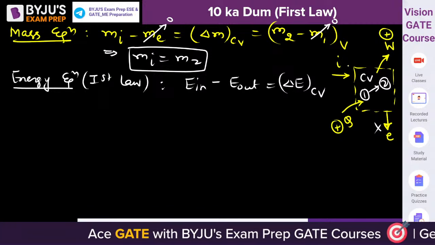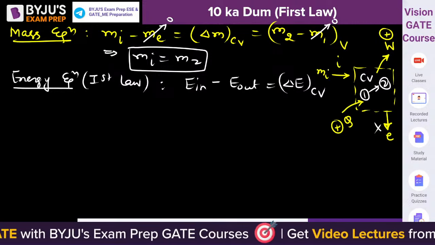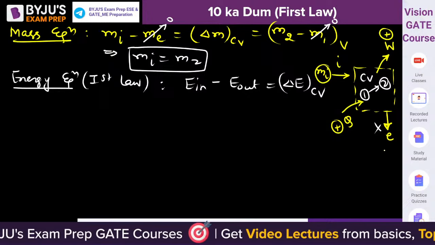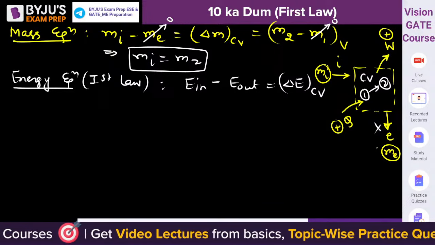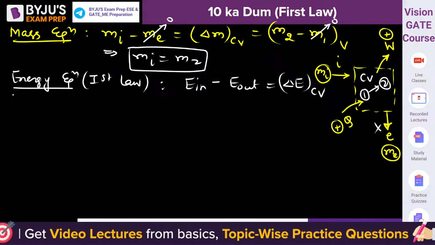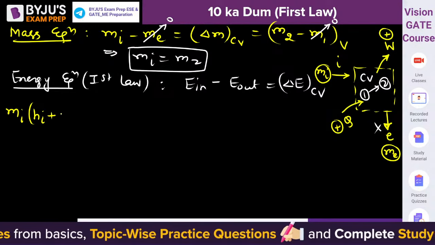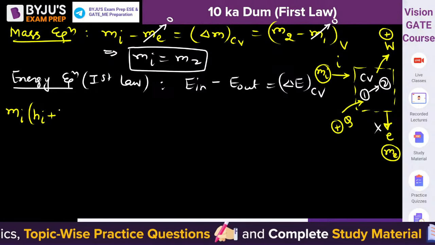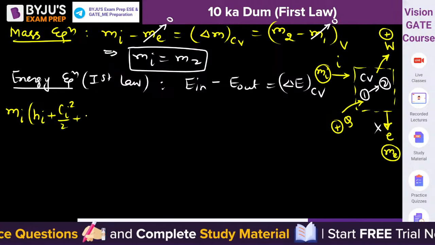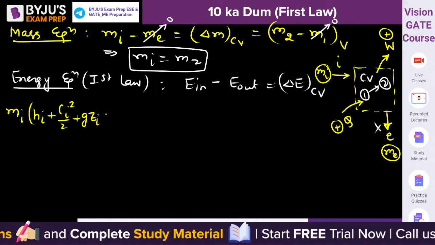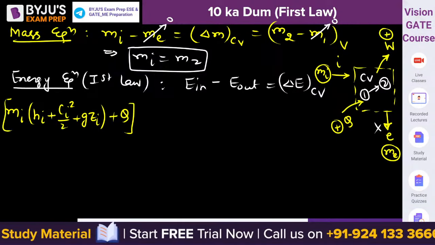Heat is added to the system, that is taken as positive. Work is done by the system, that is also taken as positive. So how much energy is entering? Energy is entering along with the mass Mi, and energy is leaving along with the mass. Whenever the mass travels, it carries energy, isn't it? So what we will do is Mi into, because it is a flow process, Hi plus Ci square by 2 plus Gzi plus Q. That is energy entering.